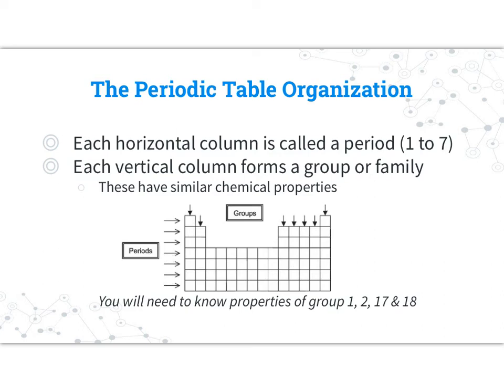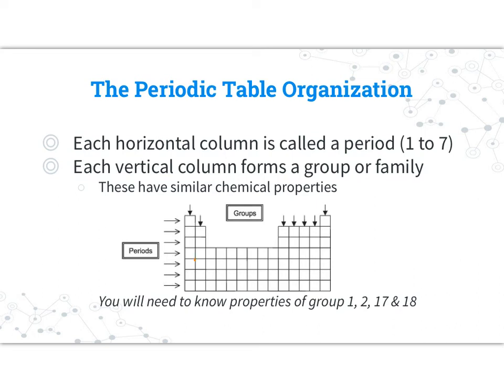The periodic table, again, I had kind of mentioned this, is organized into groups. So atomic mass is increasing as we work through all of the elements in order. Then what they did is Mendeleev organized them by their properties.